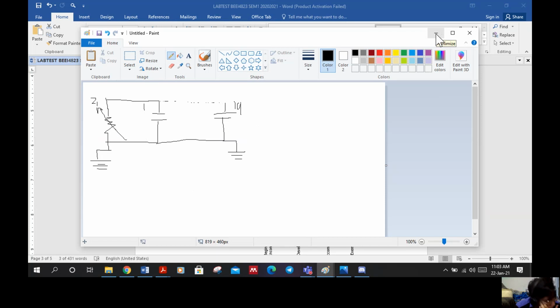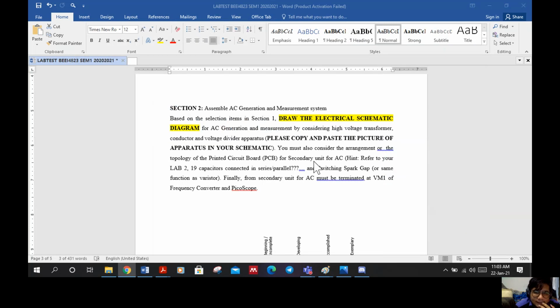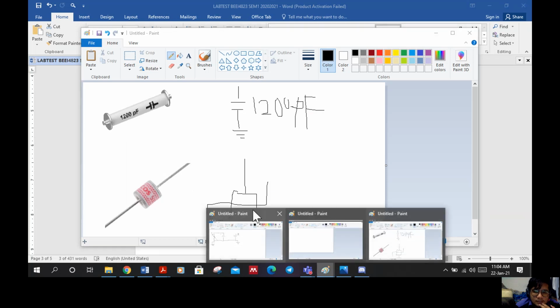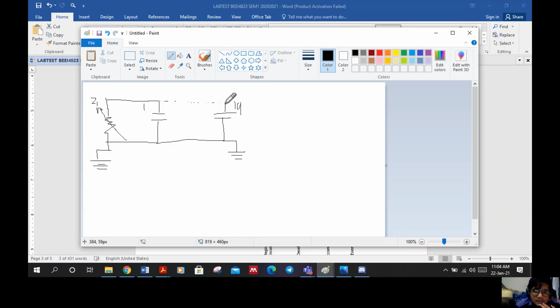The next thing is the switching gap. So this one must be connected with the switching gap. The switching gap will be connected in series. Sorry, this is not a switching gap.